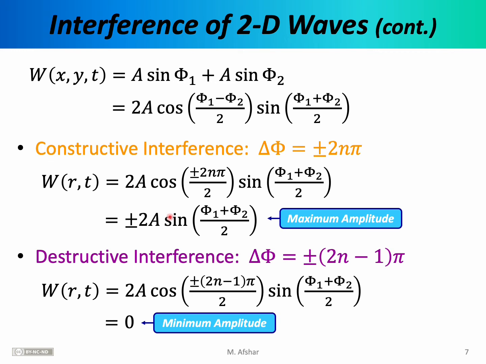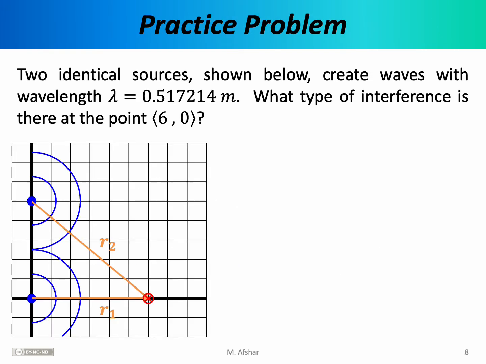We get destructive interference when the difference in the phases is an odd number of pi. That's when this cosine function basically becomes 0, and so the entire resultant is going to be 0. This is the case of minimum amplitude. This is the case where the two waves have essentially canceled each other out.